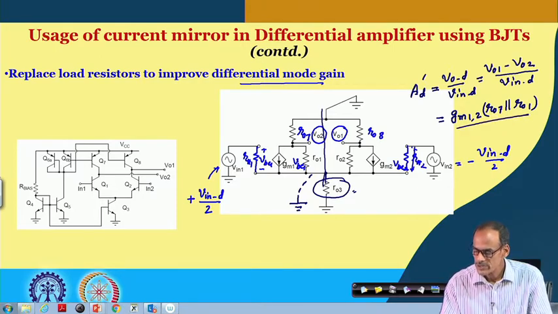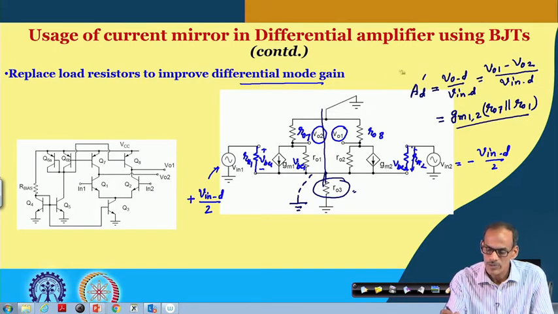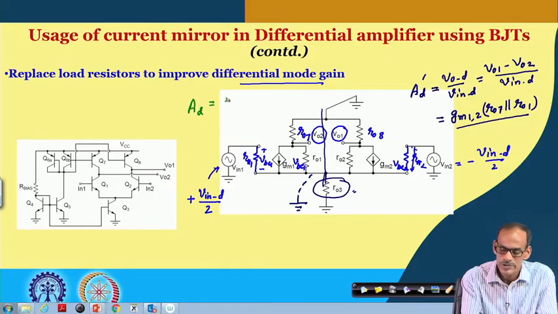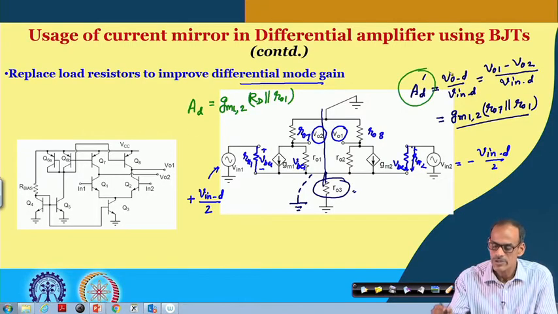In comparison, if you recall the previous circuit, the differential mode gain was G m 1 or 2 multiplied by R d in parallel with R o 1. So, definitely this has much higher gain.